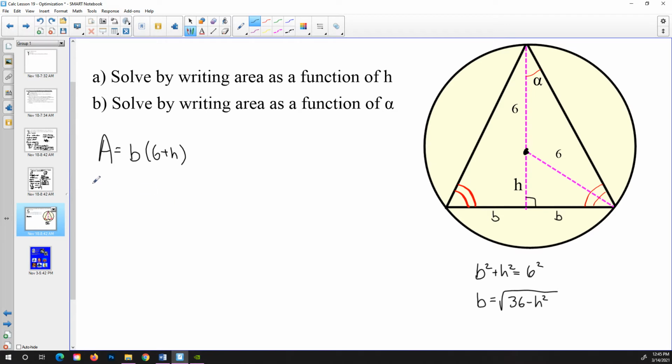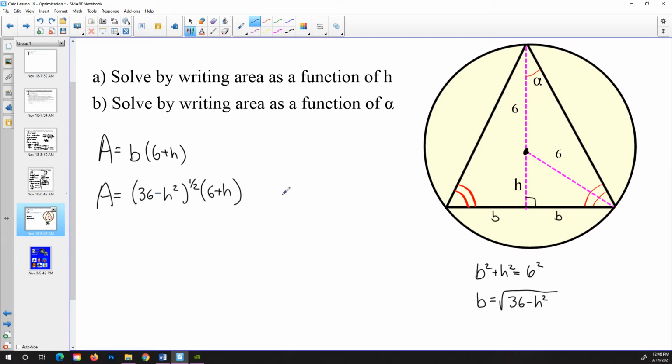Now I can plug this back into the A equation and now say that this is 36 minus h squared to the 1/2 power, converting the square root into the 1/2 power, times 6 plus h. This part is now good because I now have an equation for the area, which is what we're trying to solve for, in terms of h only.